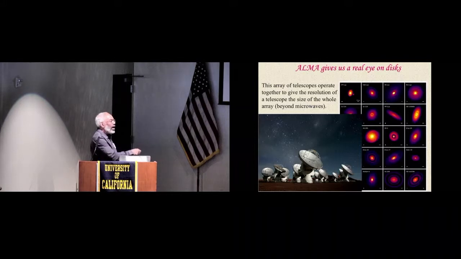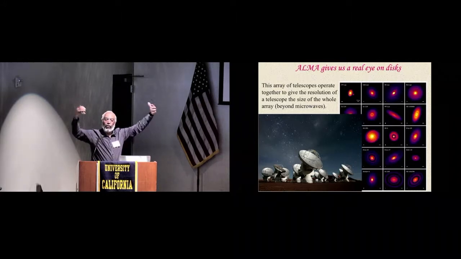They're in an array like the one I talked about earlier, so there's a bunch of them, spread out. They're all in Chile, in the Atacama Desert at about 16,000 feet, where you're above most of the water vapor that would block their view. They all point in the same direction, and they combine their light in a way that gives you even higher resolution.